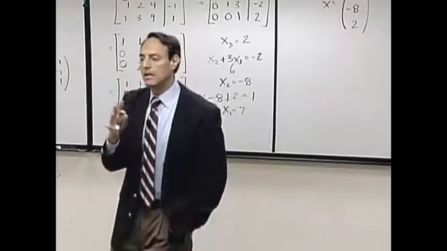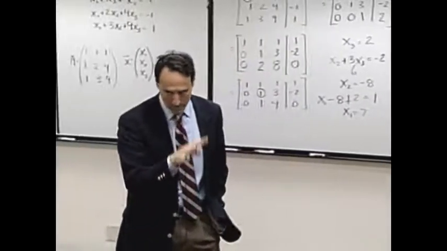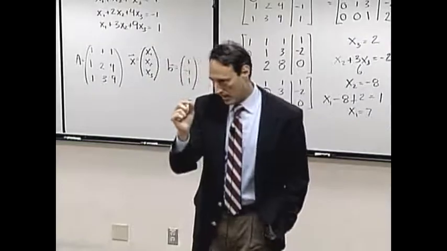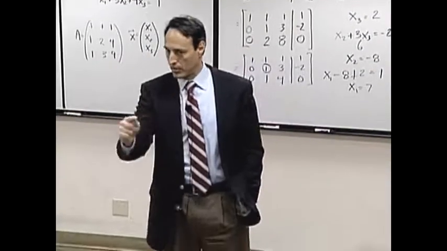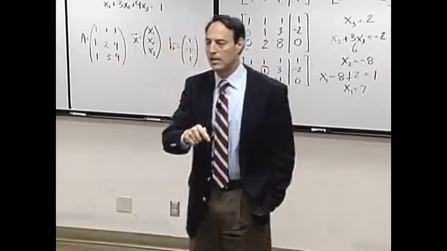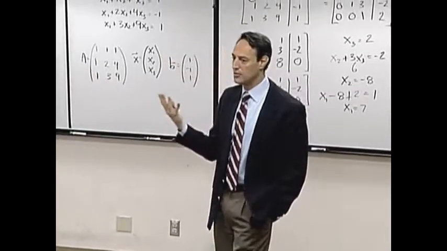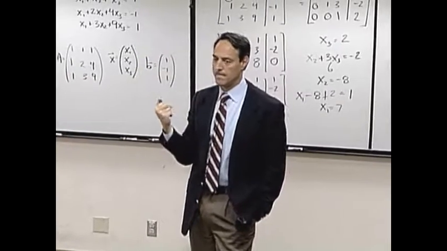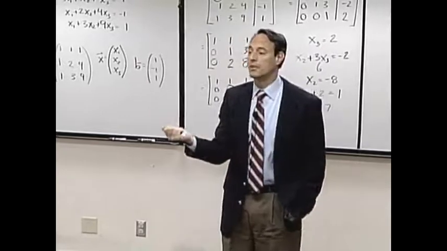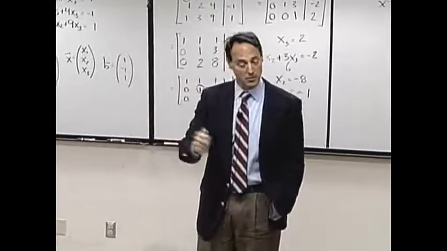Now, Ax equal to b is going to be one of the fundamental problems you're going to solve. In fact, in this class, for your homework 4, you're going to do 5 different ways to do Ax equal to b. And you can say, well, they're all going to give you the same answer, right? You're just solving the same set of equations.